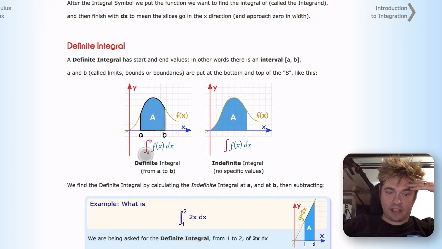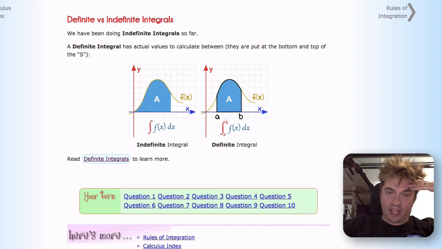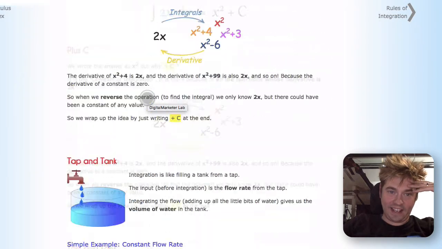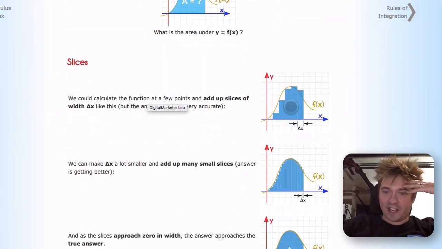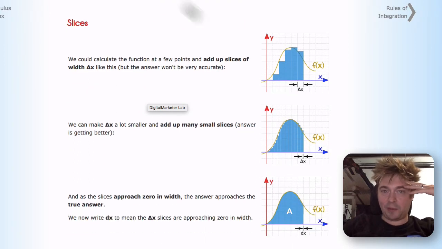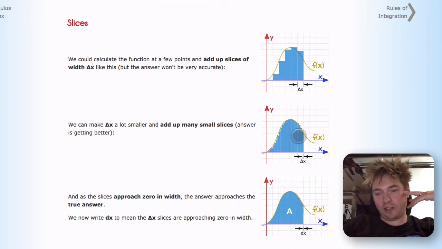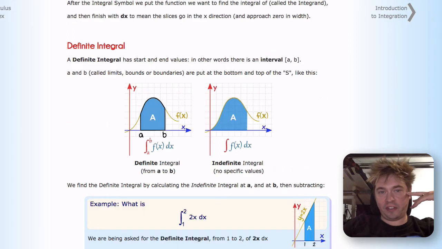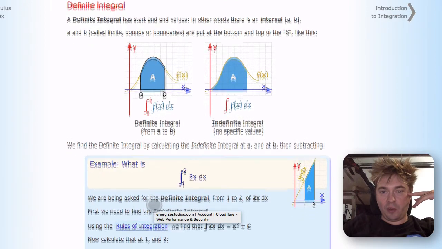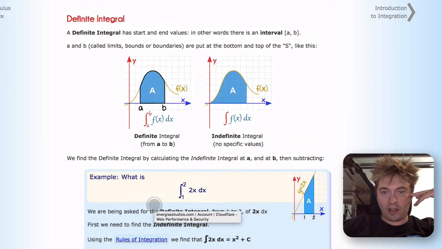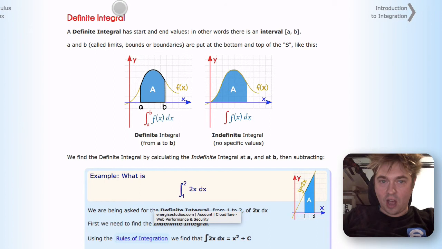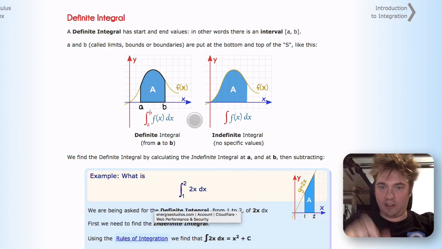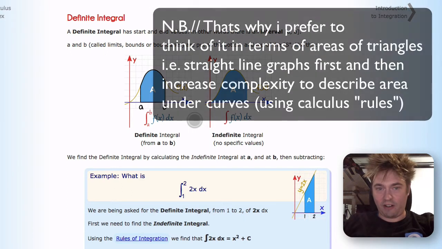And this means the sum. This means add up everything between a and b, and that's why they start off explaining it as cutting it up into an infinite number of slices and adding them all together. And obviously, as the slices get smaller, the area that you're timesing it by becomes closer to 0. So that's why you want to be solving it using the actual formula, and not approximating it by using slices with a width of 0 that you can't calculate because there's no area if it's 0.